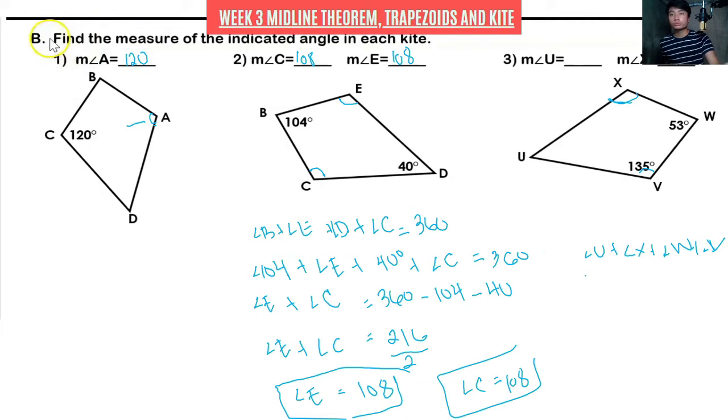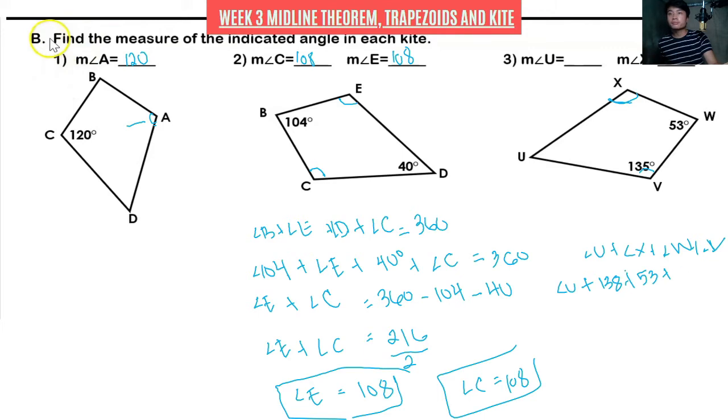So, lagyan ko na ng value para hindi kayo malito. Angle U is missing. Angle U plus, what is the measure of W? O, angle X muna, 138 plus W is 53 plus 135.